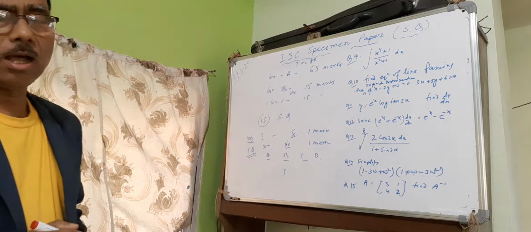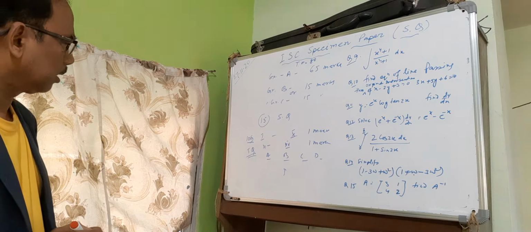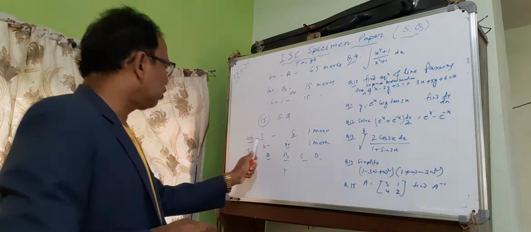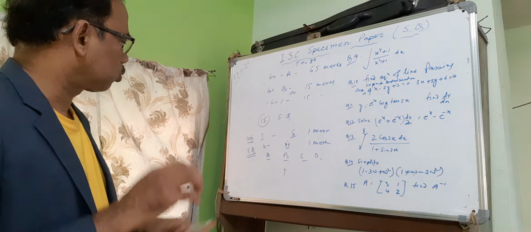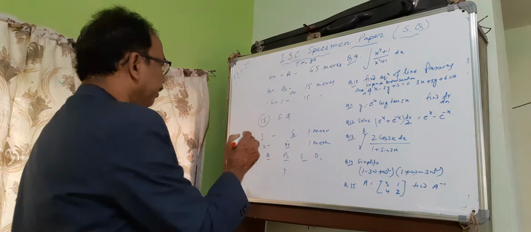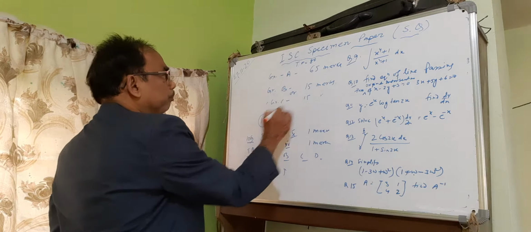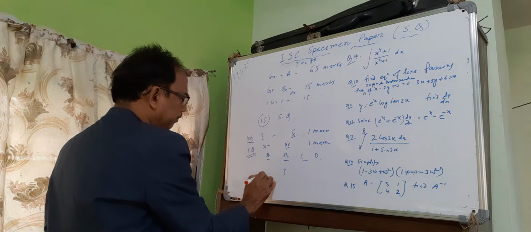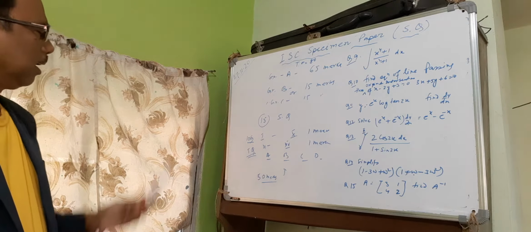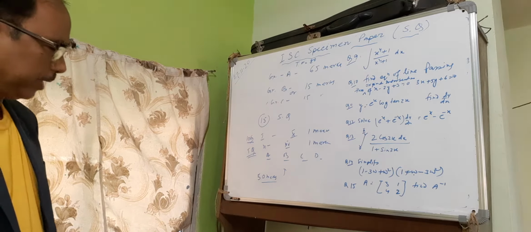You have to write the answer, showing your working. In the 10 questions you have to write the actual answer A, B, C or D. From Group A you have to write 1, 2, 3, 4, 5, 6 like this.